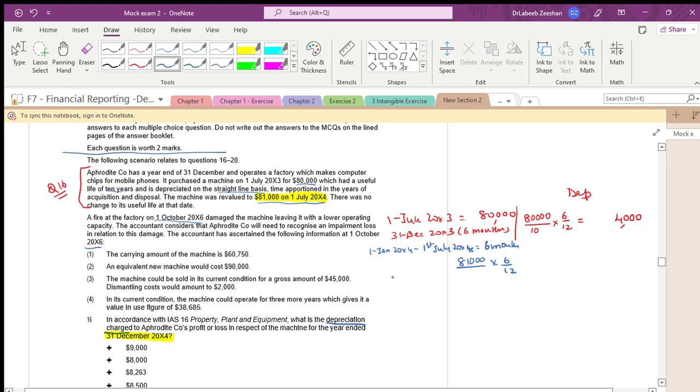One minute. 81,000 divided by 9.5? No, it will not work. 81,000 divided by 9.5 into 12, is it? 81,000 divided by 114?